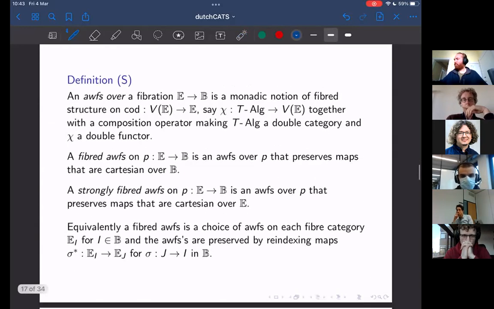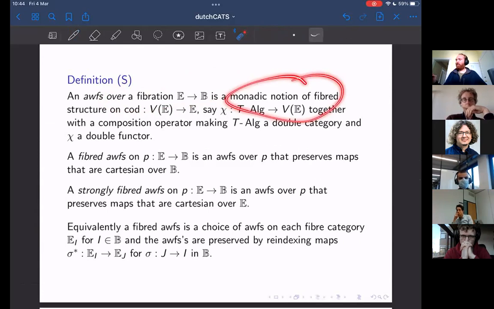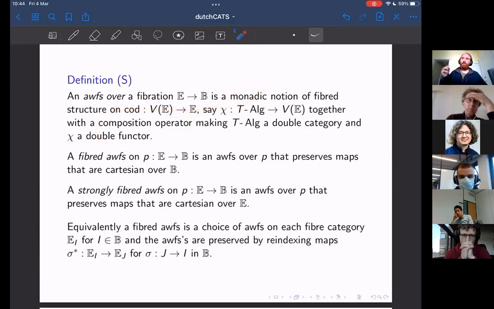So I'll say that an algebraic root factorization system over a fibration is a monadic notion of structure on this internal codomain fibration. It needs to be monadic, and it should also have a composition operator, just like with the original definition of algebraic root factorization system.